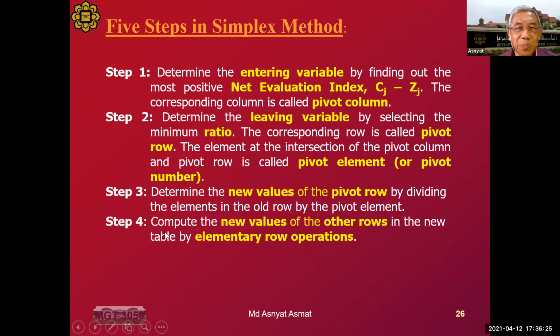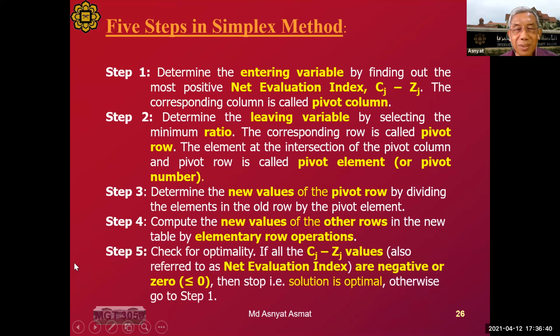Okay, next step, calculate the new values of the other rows in the new table. That means we call this elementary row operations. And then we are going to determine whether our solution is optimal or not by checking the Cj minus Zj values.